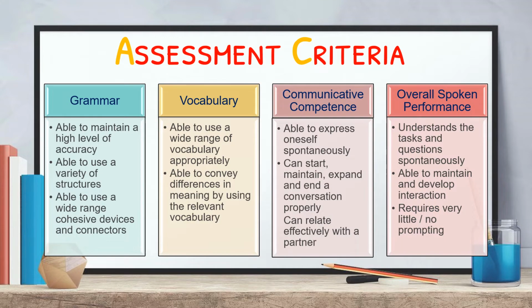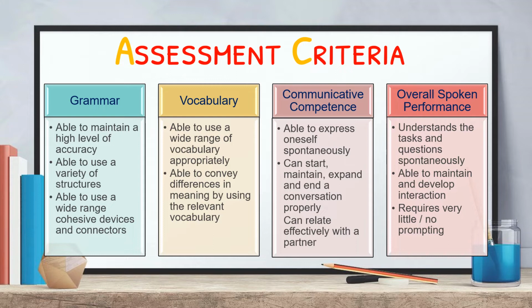Okay, as I mentioned earlier, you will be assessed on 4 criteria, which are grammar, vocabulary, communicative competence, and overall spoken performance. Where grammar is concerned, you are able to maintain a high level of accuracy. Okay, that means you do not make mistakes, right? And even if the mistakes are very mild or minor, you are able to use a variety of structures.